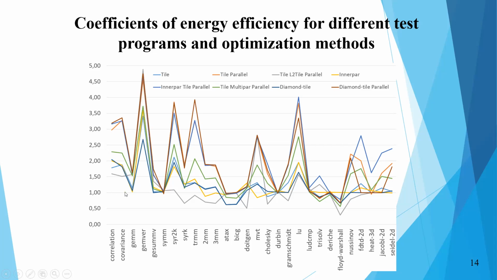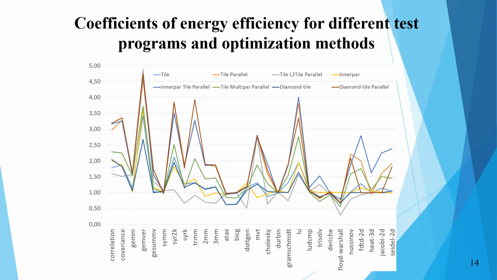Also there are a lot of tests around 1, so there is no significant energy efficiency improvement. But in some cases, we can see it can be only half for one test. It means that no energy efficiency was achieved and everything went even worse.